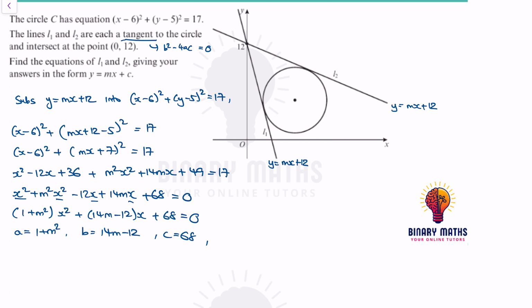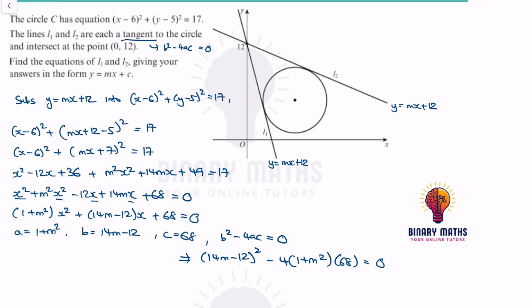And we've already discussed that b squared minus 4ac must be equal to 0. This implies that 14m minus 12 squared minus 4 times 1 plus m squared times 68 must be equal to 0.